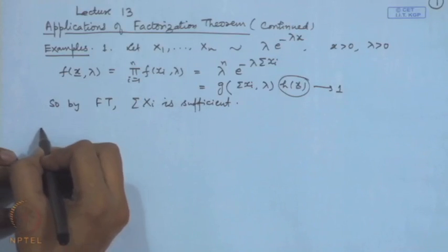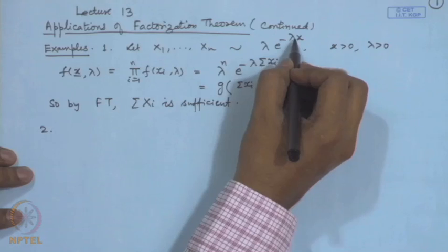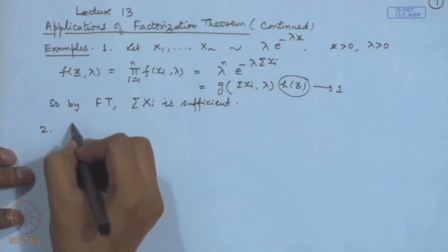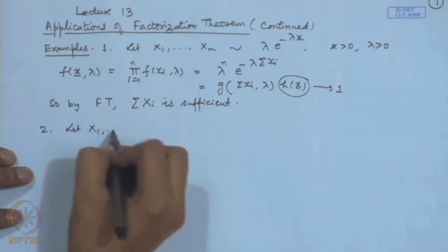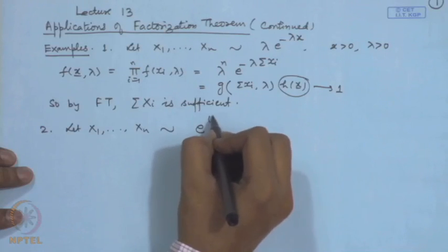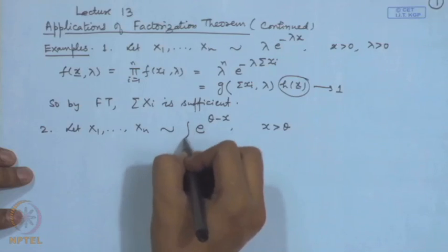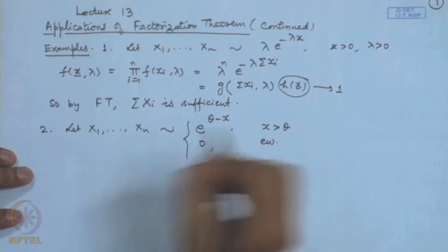Let us consider another exponential model in which, in place of a scale parameter, we have a location parameter. Let X1, X2, ..., Xn follow the density e to the power theta minus x, where x is greater than theta, and 0 elsewhere.